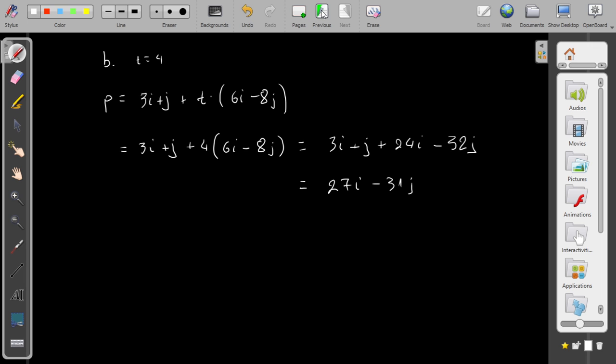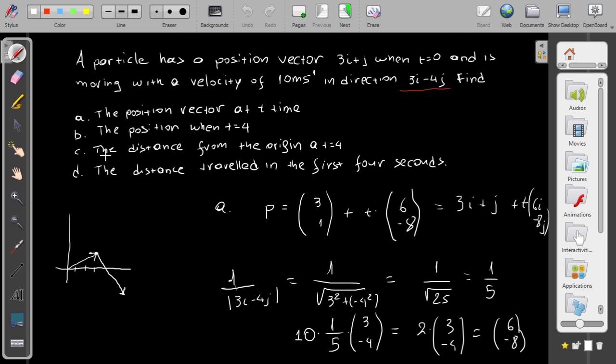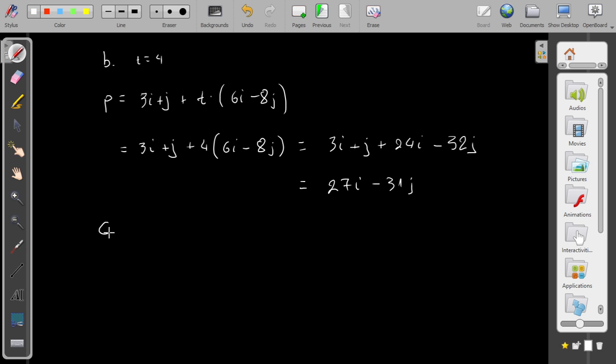Now let me see the next question. The distance from the origin at t equals 4. So I want the distance from the origin when t is 4. But when t is 4, from the previous question, I found that this is the position vector.